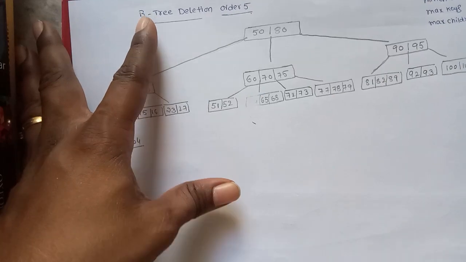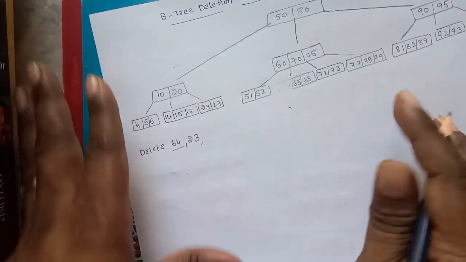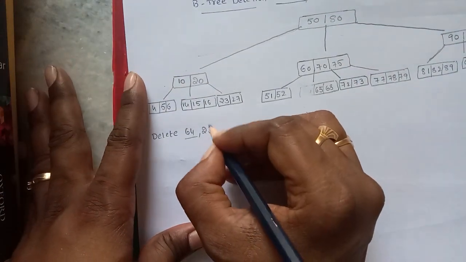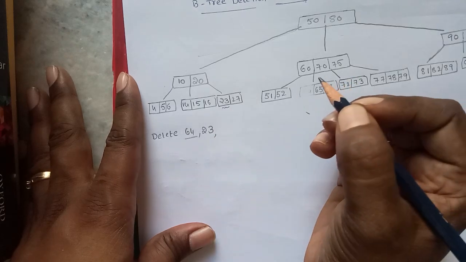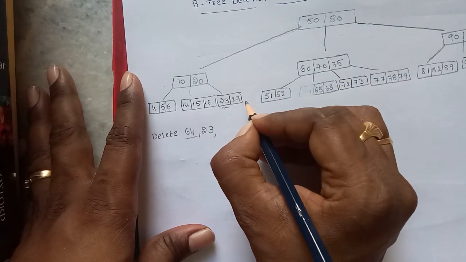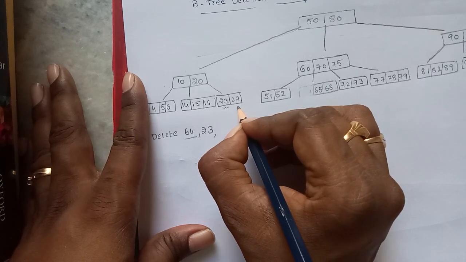No problem. Now delete element 23. Suppose we remove the element 23. After deletion the node contains only one element, but the minimum required elements are 2. So now what to do?